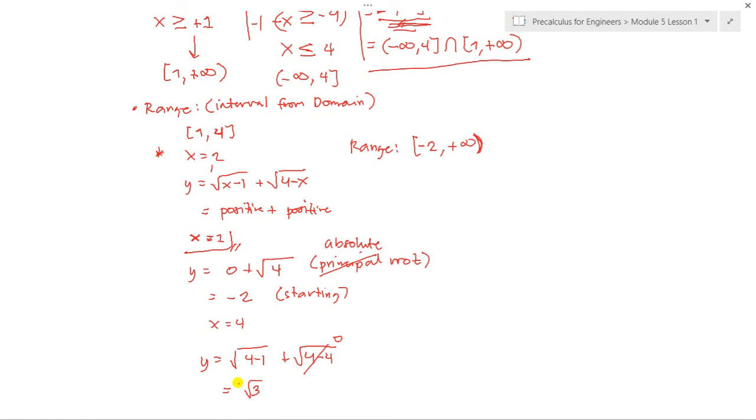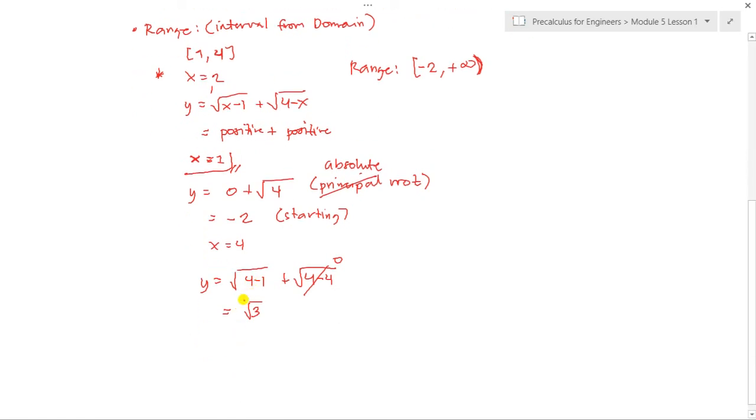So negative square root of 3, that would be negative 1.73, and then you also have positive 1.73.